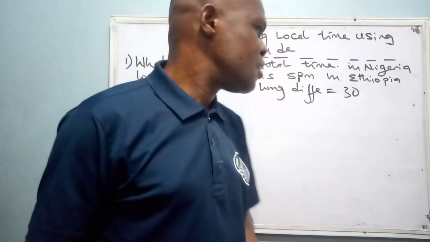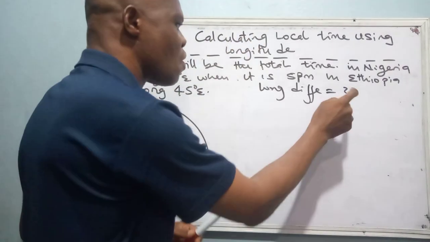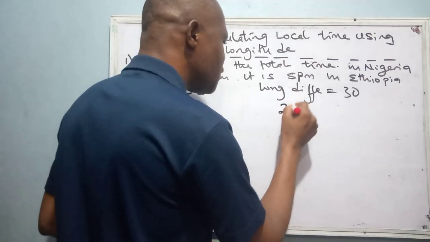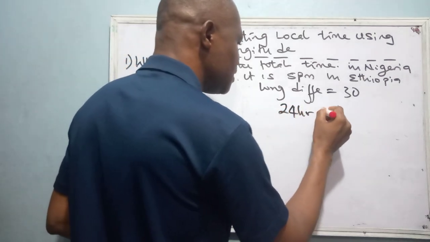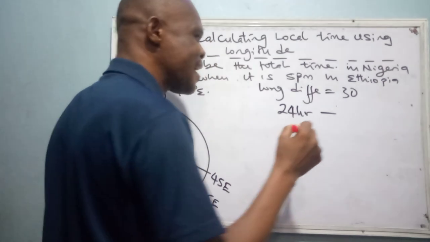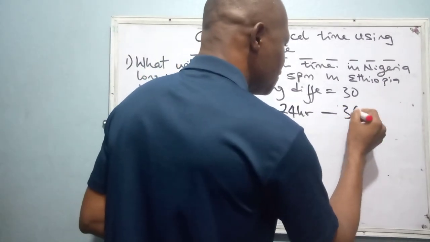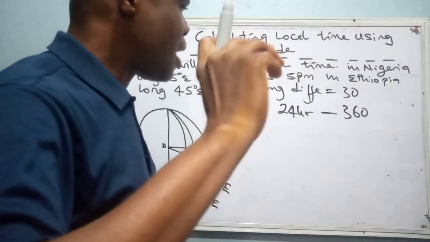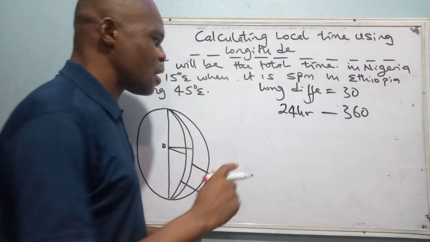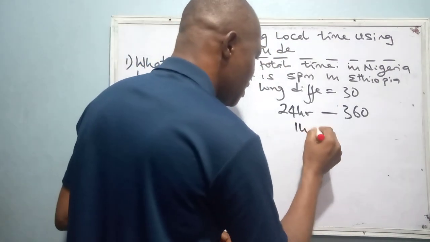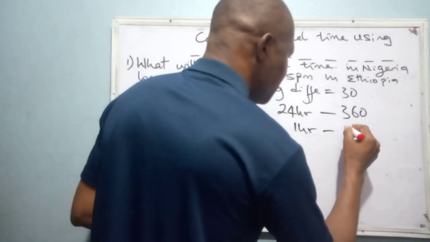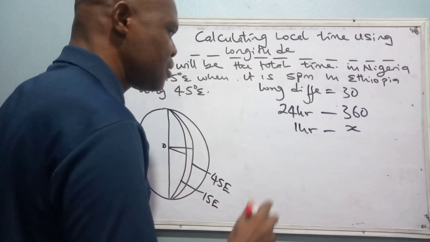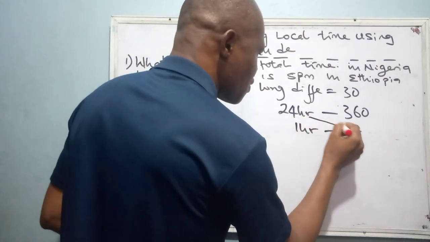So we're going to use that convention to convert this. We have it that 24 hours is what it will take to cover 360 degrees. So how many degrees will be covered in 1 hour? In 1 hour, we have x, we are looking for that. In such a situation, you cross multiply.